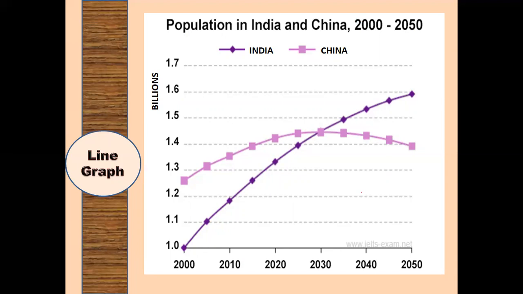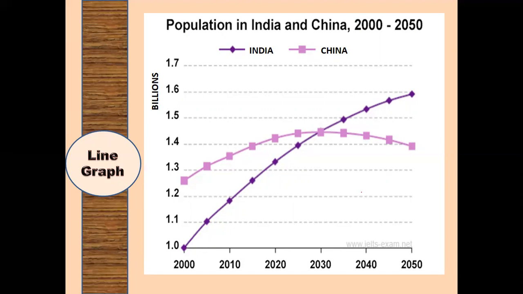On the X axis, you will find that the years are given: 2000, 2010, 2020, 2030, 40, and 50. And population is detailed in billions: 1 billion, 1.1 billion, 1.2 billion, 1.3 billion, 1.4, 1.5, 1.6, and 1.7 billion.